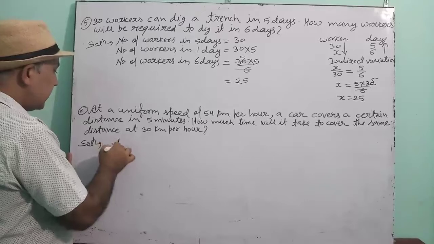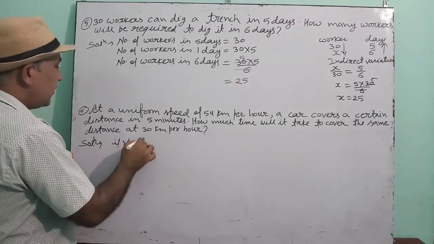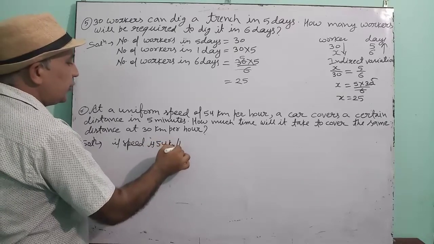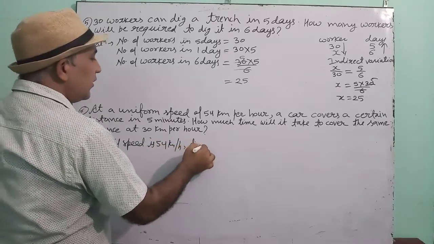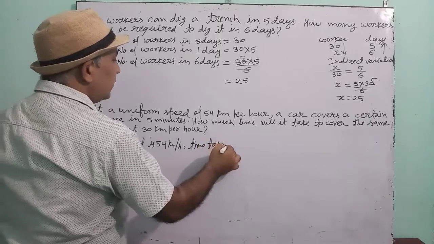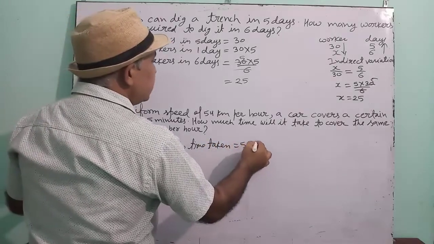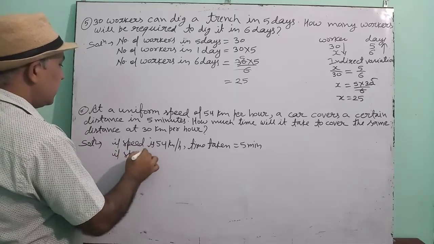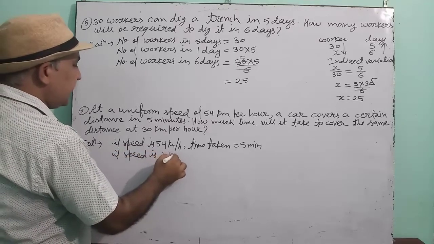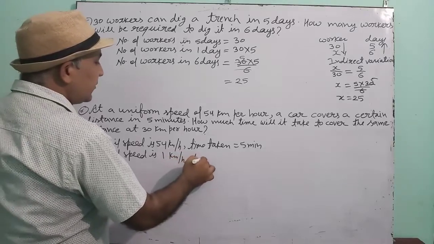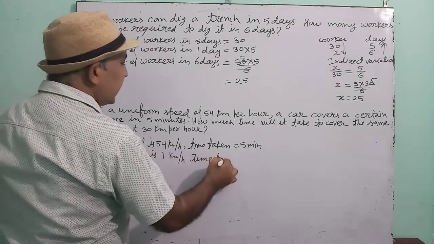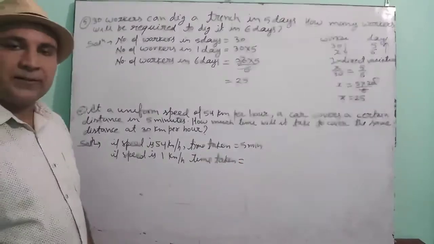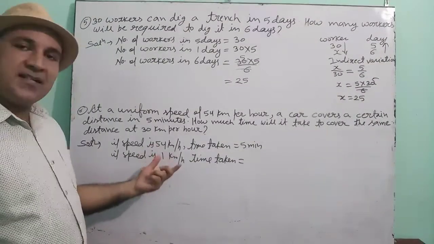It means if speed is 54 km per hour, time taken is 5 minutes. Just think, if speed is 1 km per hour, then time taken will be less than 5 minutes or more than 5 minutes. I hope it's very easy.